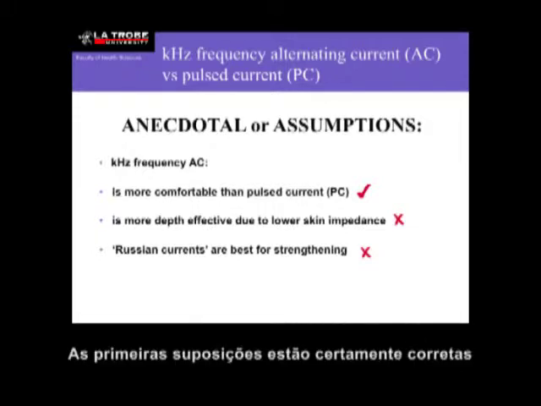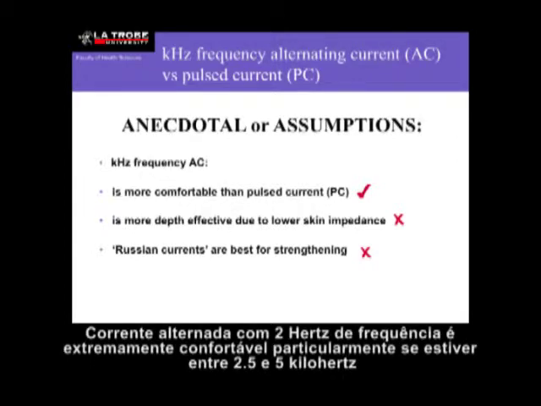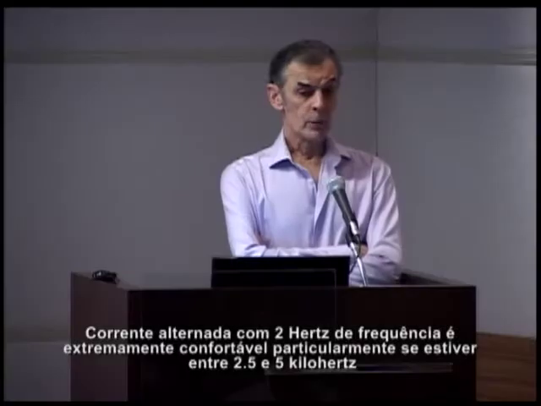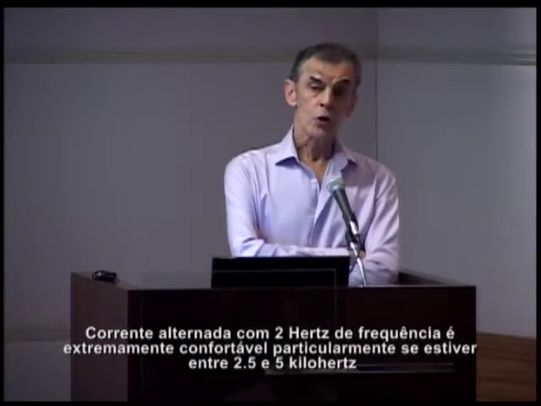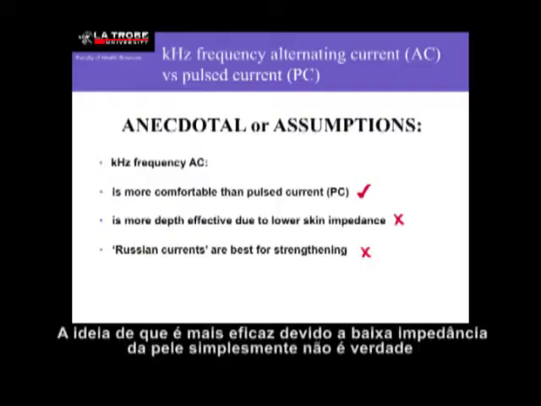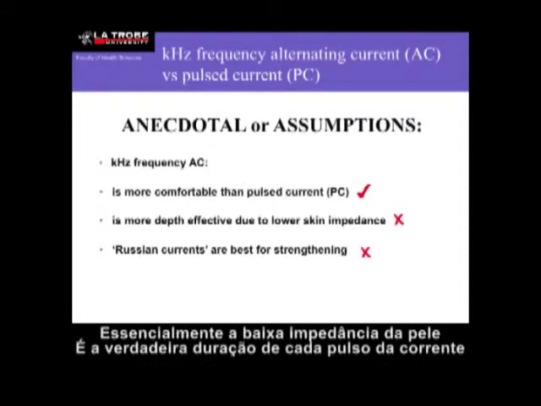The first of these assumptions is certainly correct. Kilohertz frequency alternating current is extremely comfortable, particularly if it's in the range 2.5 to 5 kilohertz. The idea that it's more effective due to lower skin impedance is simply not true. Essentially, the thing that determines skin impedance is the duration of each pulse of current.